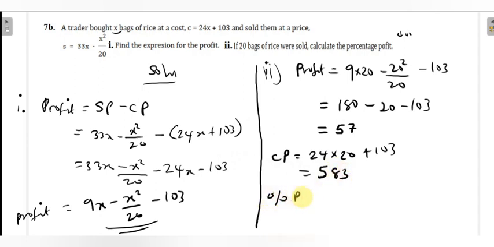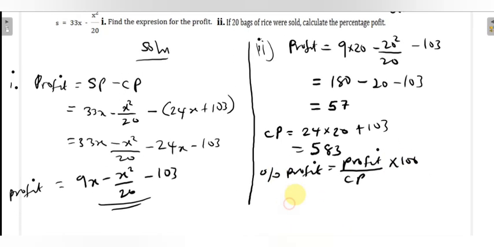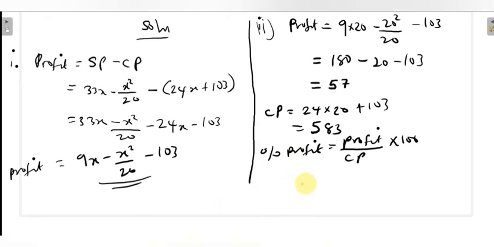So the percentage profit would be equal to profit divided by cost price times 100. Our profit calculated is 57 divided by 583 times 100.